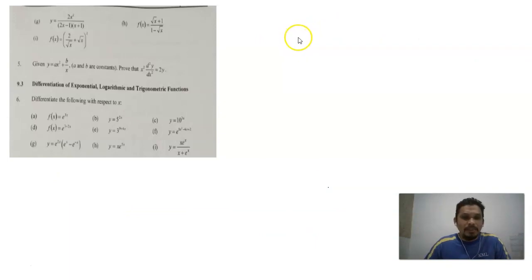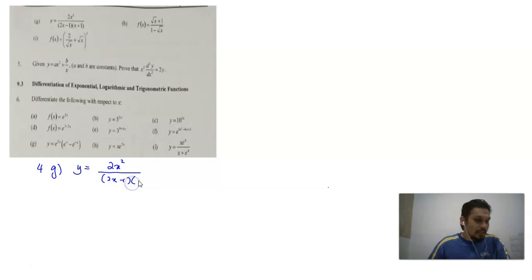Okay, now question 4G, number 4G. Y equal to 2x squared divided by (2x minus 1) and (x plus 1).